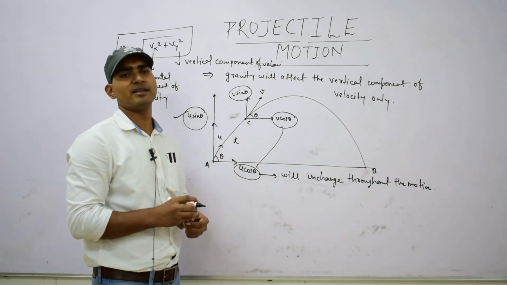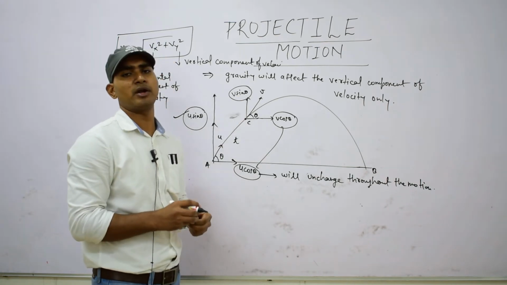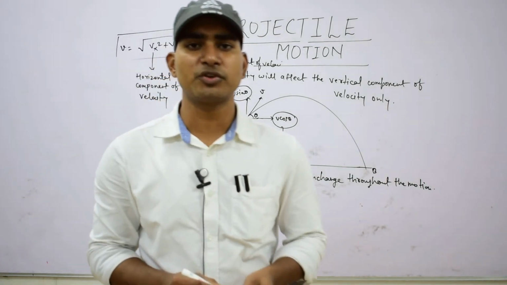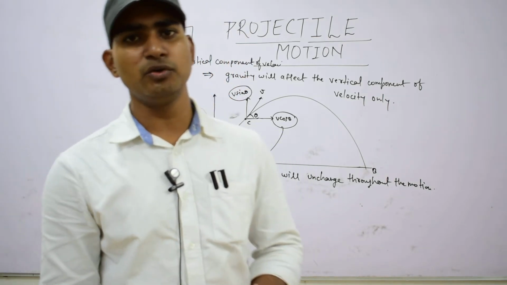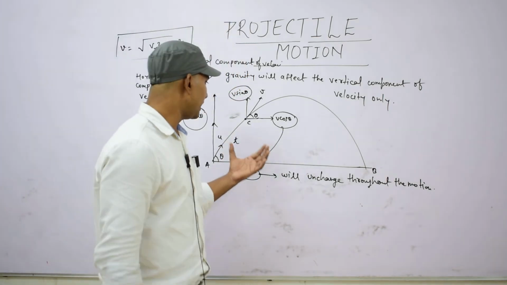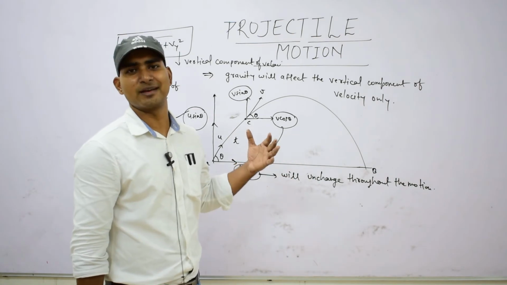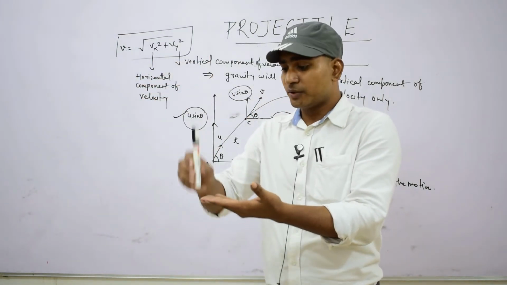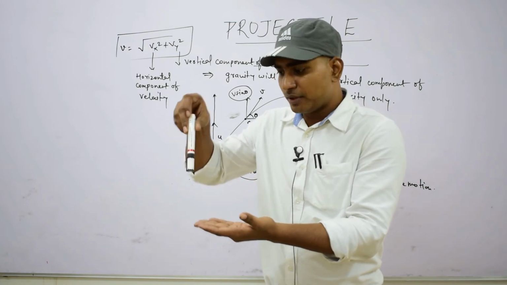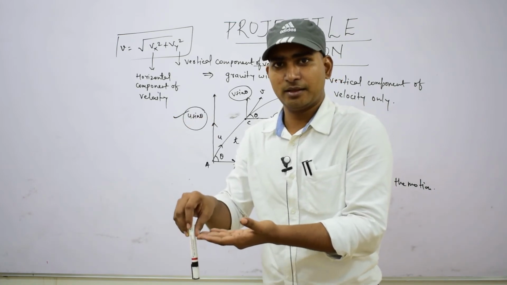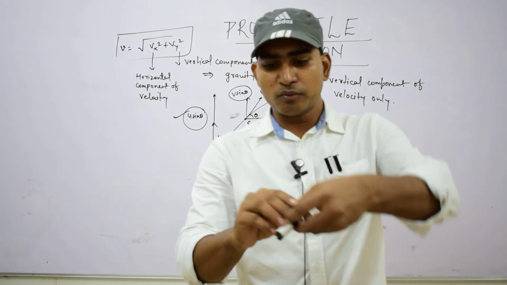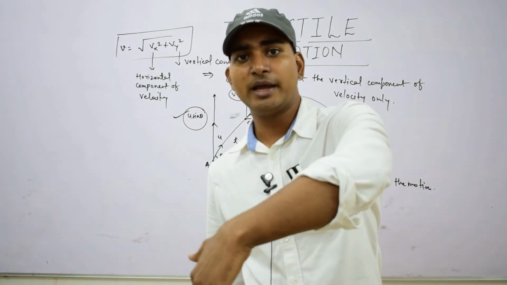If I need to find the value of the vertical component of the velocity, I am going to use the first equation of motion, that is V equals u plus at. But this is a case of retardation, because with respect to ground, if I am moving in an upward direction, that is opposite to the gravitational field direction, because gravity will always try to pull any body towards its center.